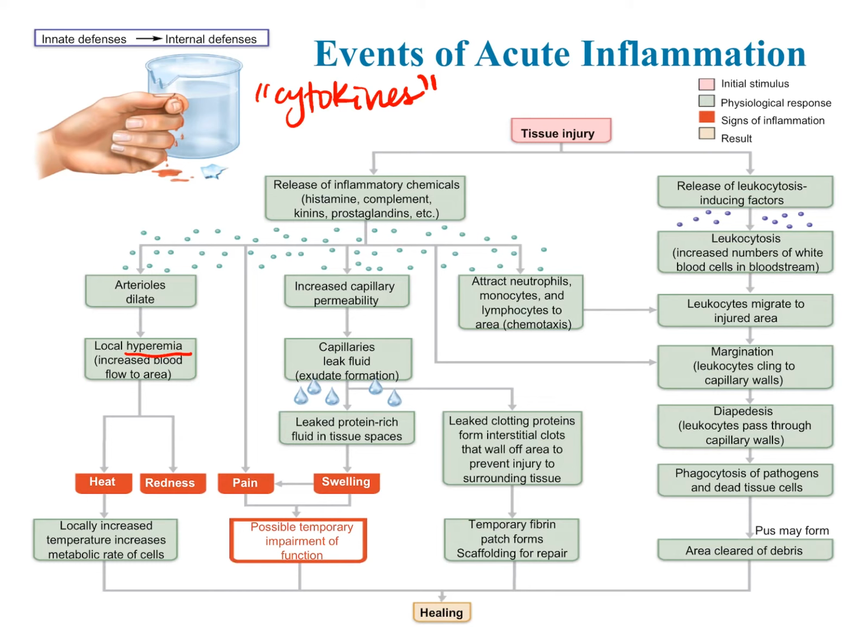This hyperemia is ultimately going to lead to the heat and redness that are associated with inflammation. So these are resulting from an increased blood flow to that area.